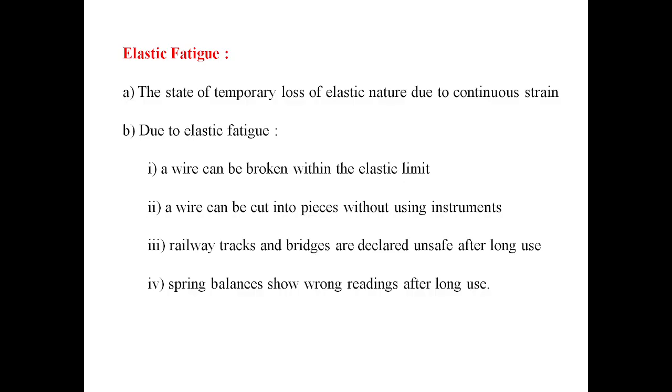This is the diagram which clearly explains how the deformation takes place: elastic deformation, uniform plastic deformation, non-uniform plastic deformation, and formation of microscopic defects. This clearly explains how the deformation takes place in the elastic body as well as the plastic body.